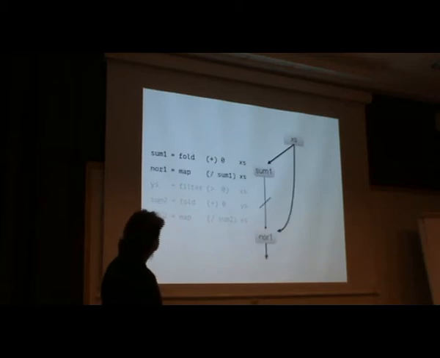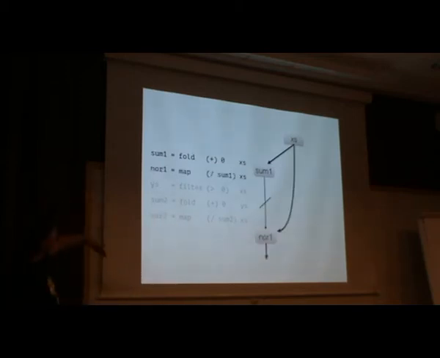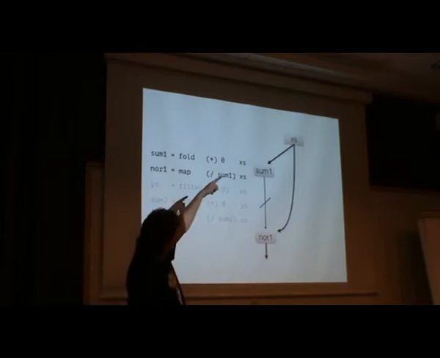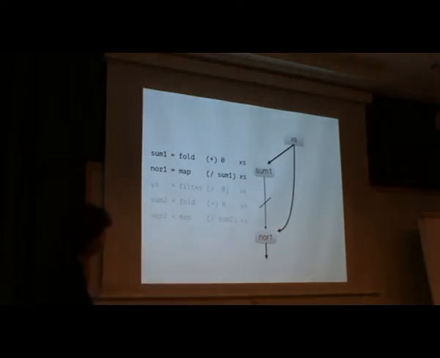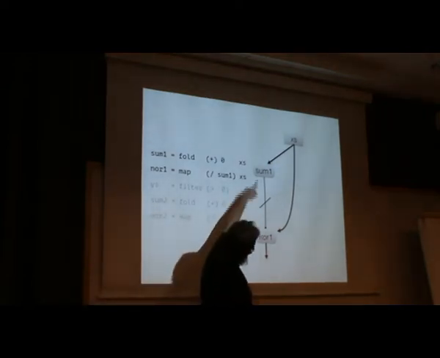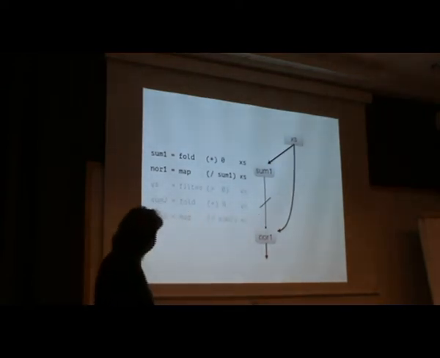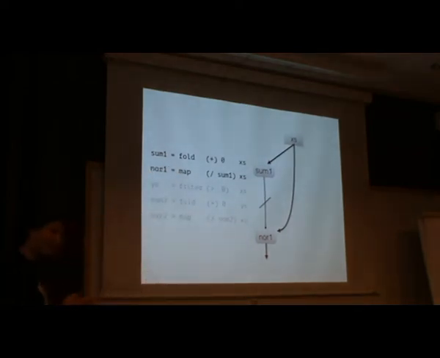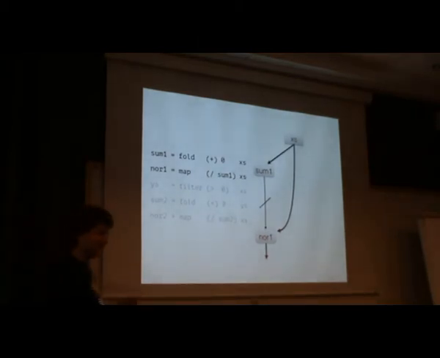And then we keep going through all of the combinators. So nor1 is a map over x's, so there's an arrow from x's to nor1. But there's this funny arrow here, and that's because sum1 is a fold. So remember that folds can't really be fused with anything, or at least folds can't be fused with anything on the output edge.